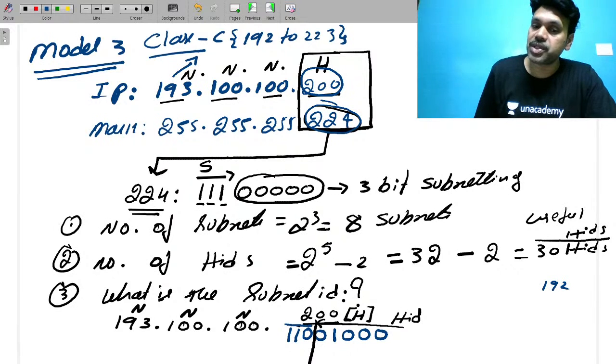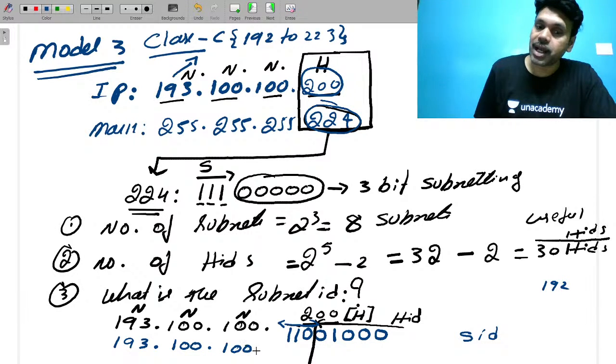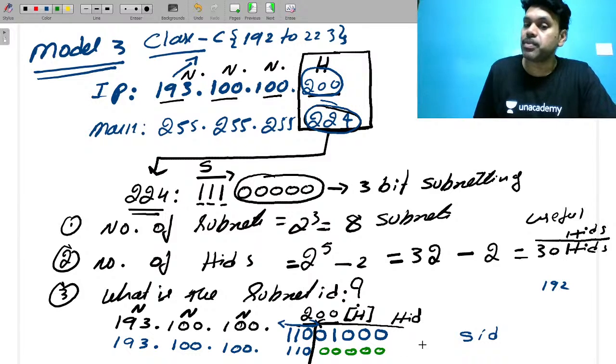The blue indicates the subnet positions, and black indicates the HID positions. For the subnet ID, drop the NID part as it is, and drop the subnet part as it is, but make your HID positions zeros. Then you will get the subnet ID.